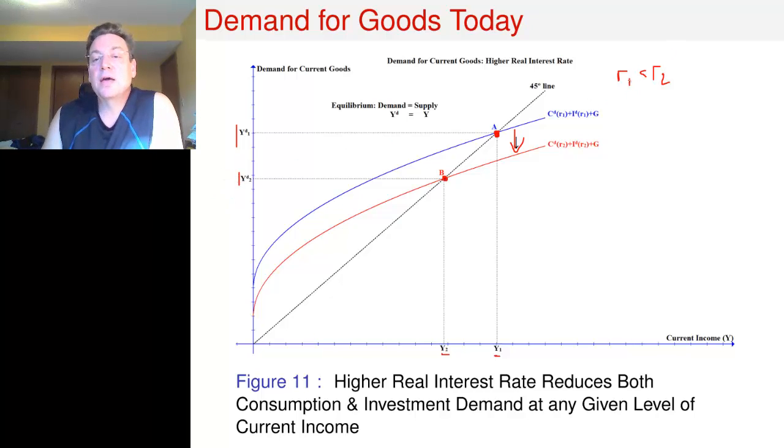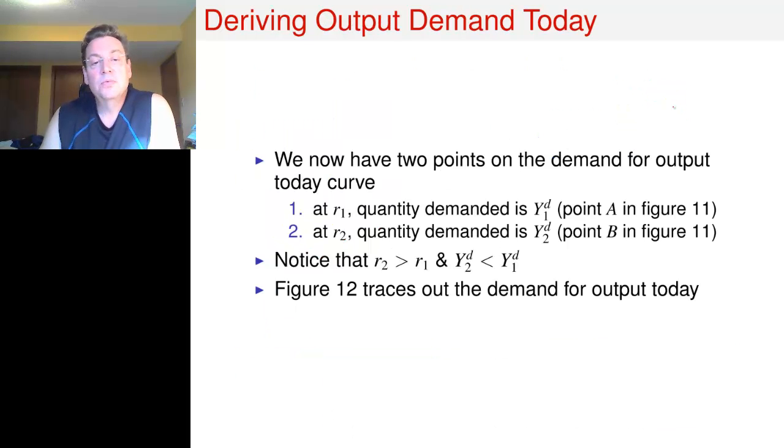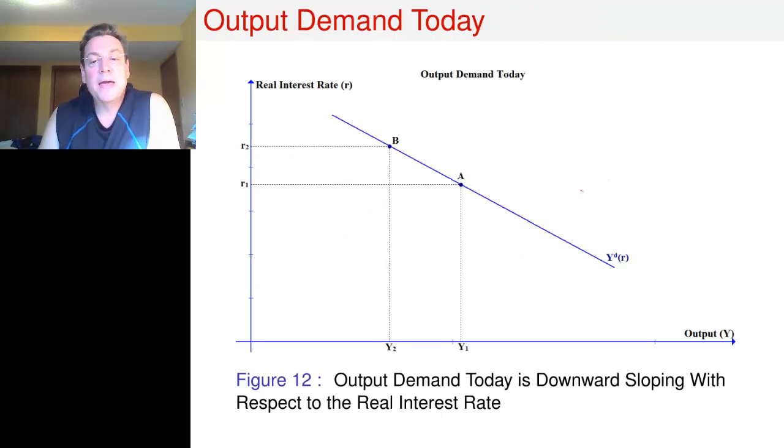So we have that R1 is less than R2, but the demand under R1 is higher than the demand under R2. So we now have two points on the demand curve for output today, and here they are.